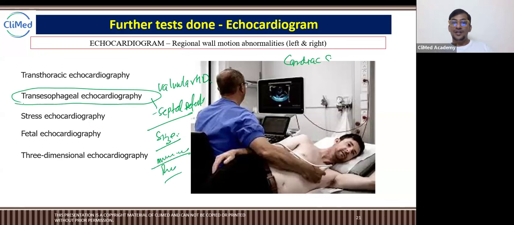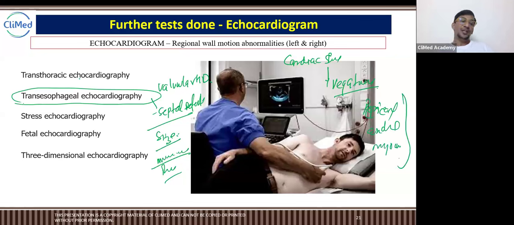Remember, guys, in case of cardiac infections like pericarditis, endocarditis or myocarditis, when we want to see the vegetation, we need the transesophageal echocardiogram because it shows us the proper image of the vegetation.